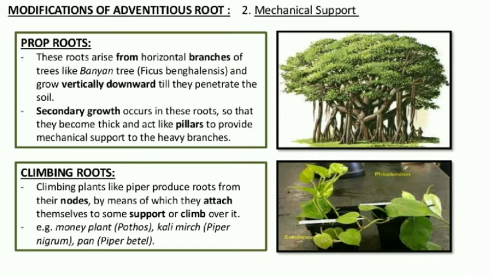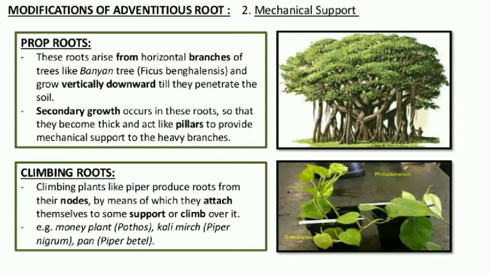Next, climbing roots. Climbing roots are present in climbing plants, plants which have weak stems but want to grow towards the light. In those plants, roots are produced from their nodal regions.